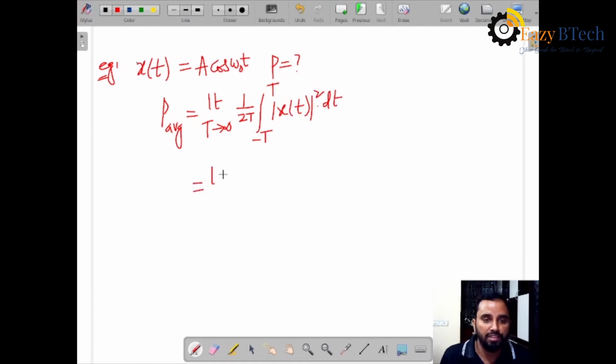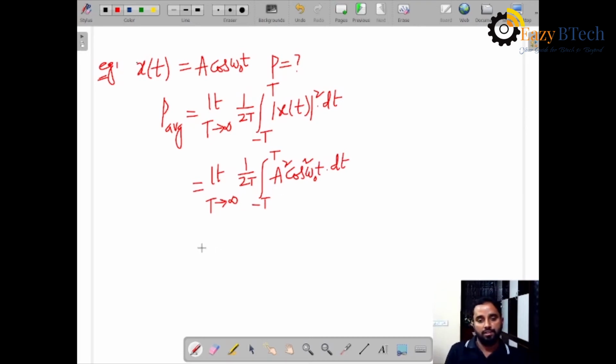So here the given signal is A cos omega naught t. So take that in the place of x of t. Limit minus T to plus T, x of t whole square will become A square cos square omega naught t dt. Okay.